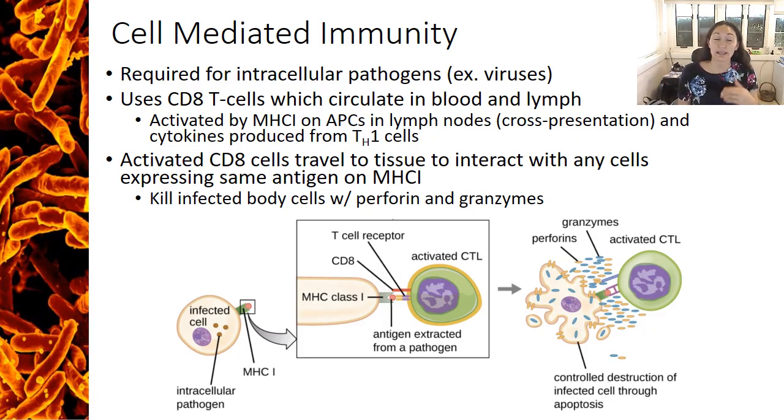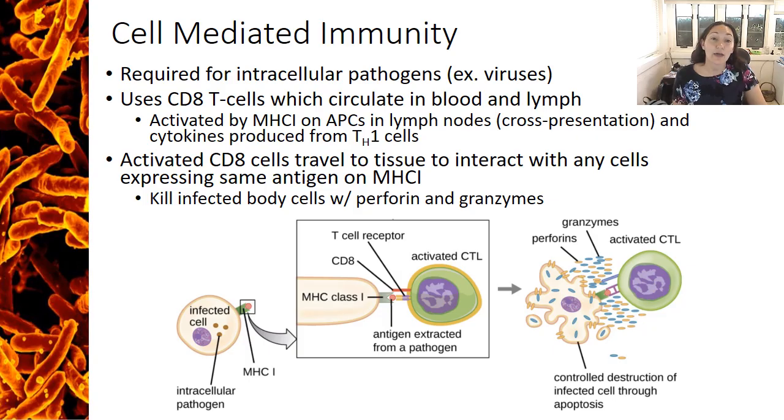It means there's something wrong internally with our own cells. They're infected with a virus, they're cancerous, and the only way to get rid of them is to actually kill our own body cells with those molecules called perforin and granzymes, these same types of secreted molecules that are used on lots of different cell types. And these punch holes in membranes, and they kill the cell.